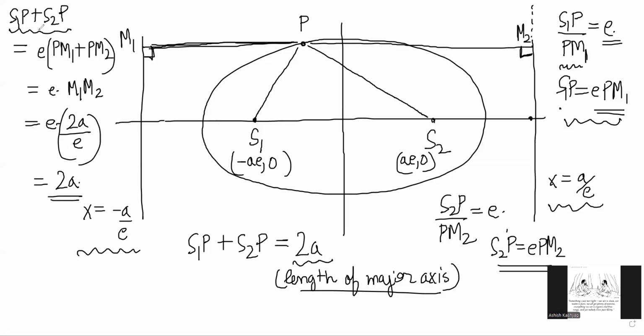So what we get from here is another way to describe how to think of an ellipse, right?